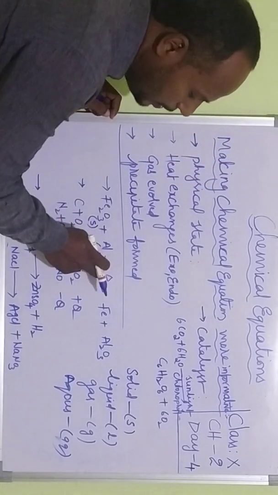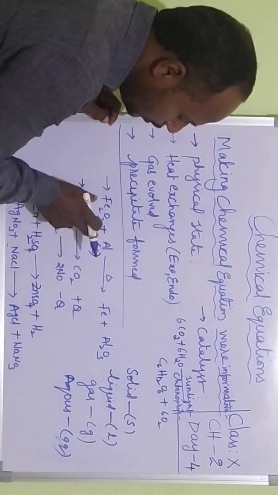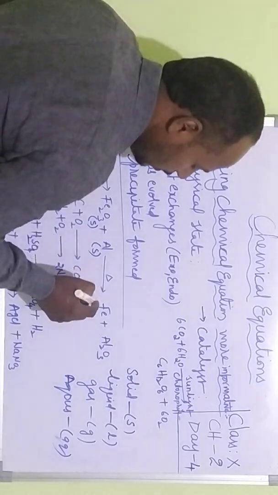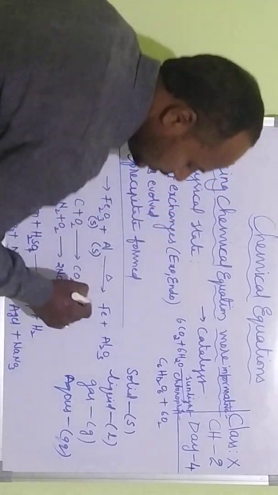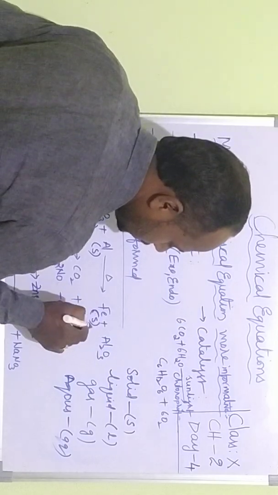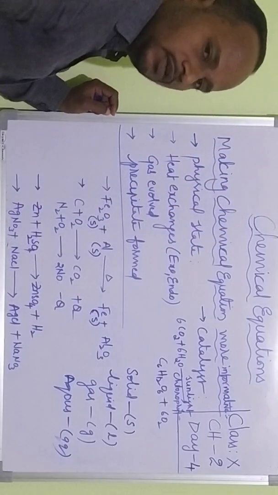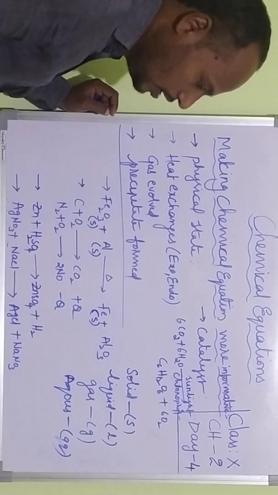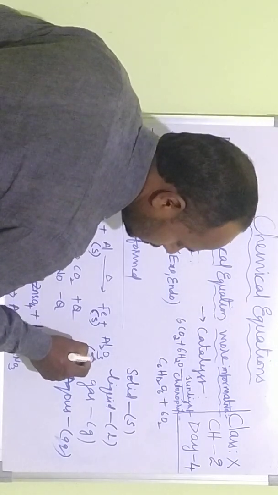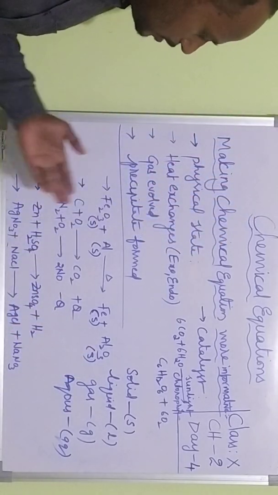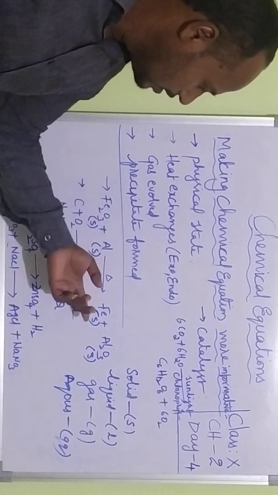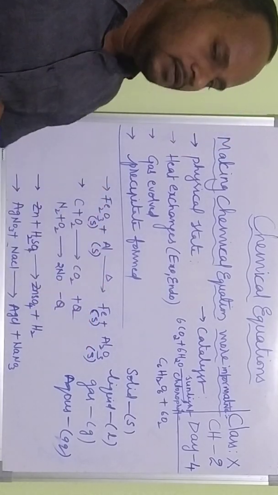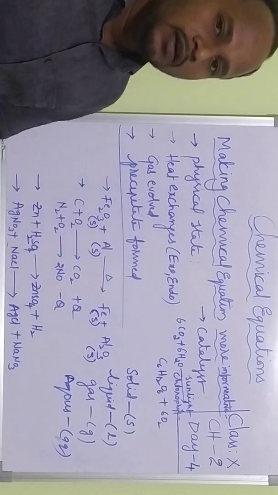When you apply heat, we will get iron, Fe. Is iron a solid or liquid? Solid only, so we write S. Next, Al2O3, also a solid. So in this reaction, all are solids only. By mentioning the physical states, we can say all are solids after the heating.